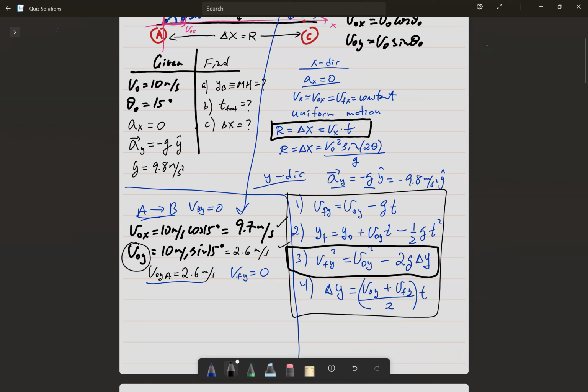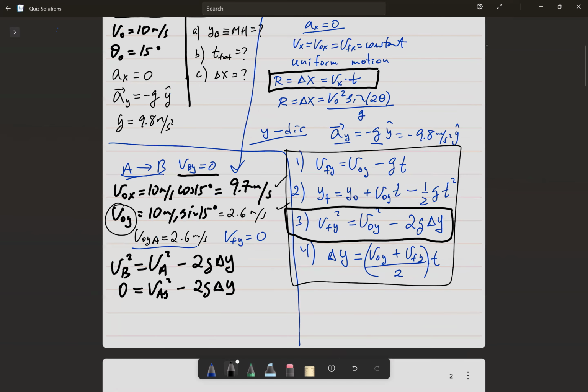I can use that equation to solve for delta y, which will be the displacement between points A and B. All right, so velocity at B squared equals velocity at A squared minus 2g delta y. The velocity at point B, as we said, is vertical, so it is 0.